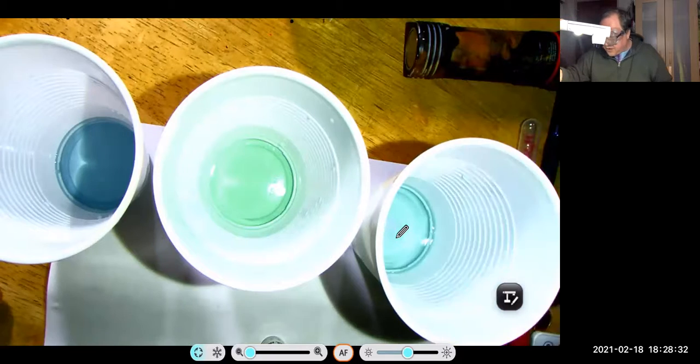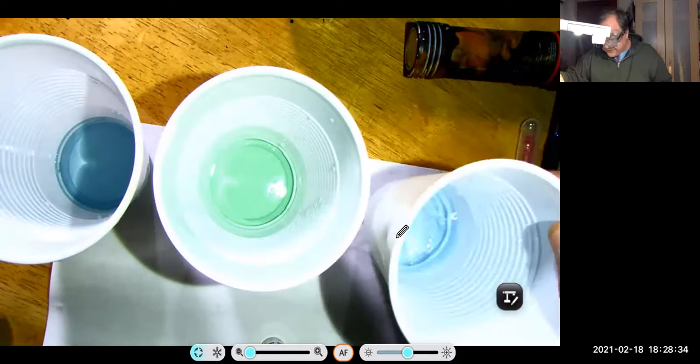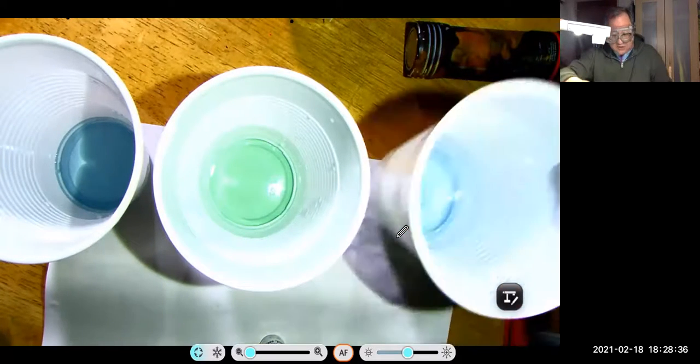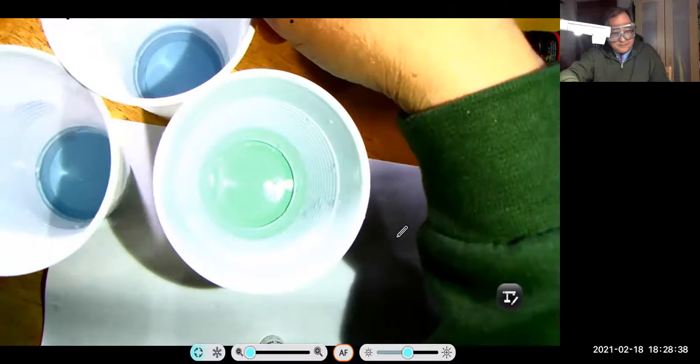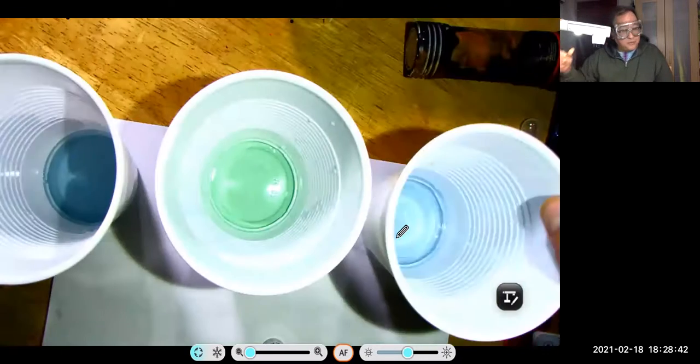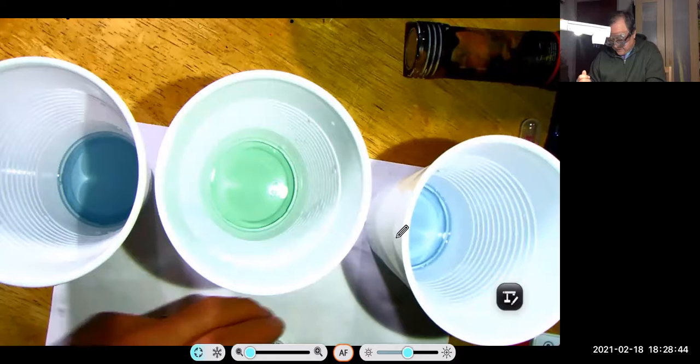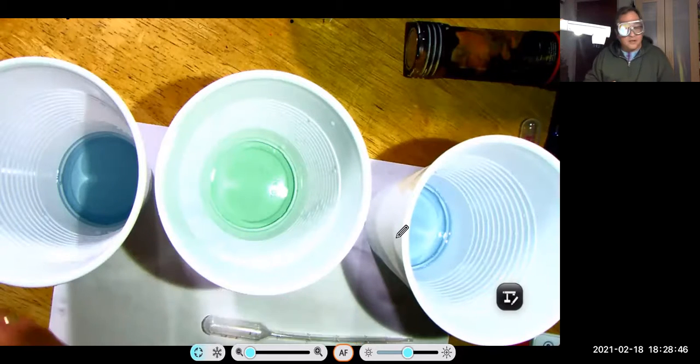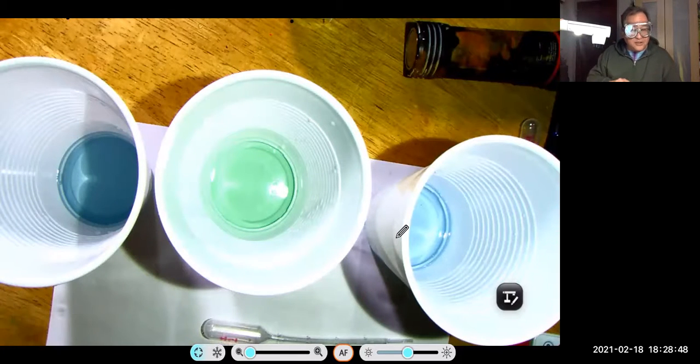You want to make sure you add full drops. And can you see how the color now kind of matches the original? So that means I've neutralized the base with my acid. So I am going to ask you to drop acid in this experiment, but it's all in the name of science, okay?